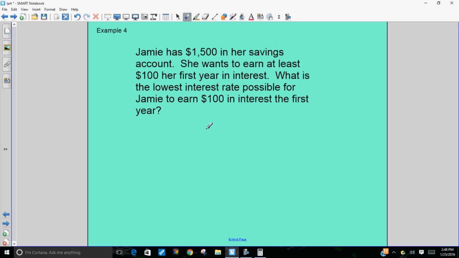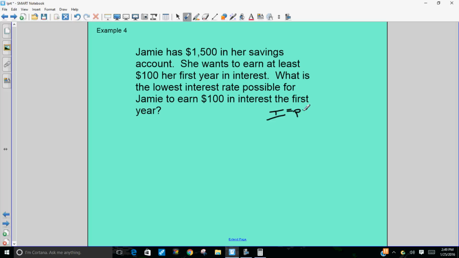Alright, example 4. It says Jamie has $1,500 in her savings account. She wants to earn at least $100 her first year in interest. What's the lowest interest rate possible for Jamie to earn $100 in interest? Alright, so we got to label this stuff. Now remember, this is an interest problem.